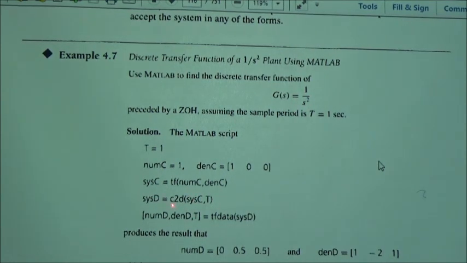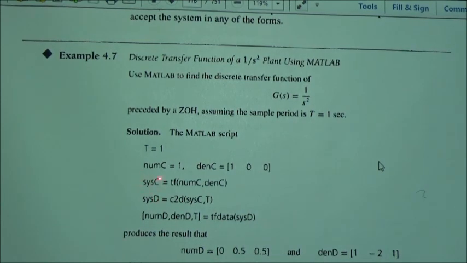Then you put it into the C2D command. You bring sys c here, add the sampling period to the argument, and then you get a discrete system in the Z domain.